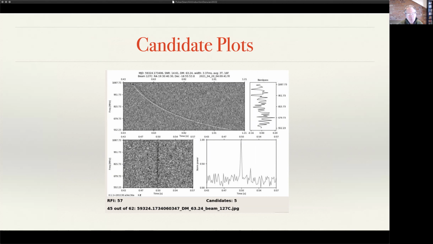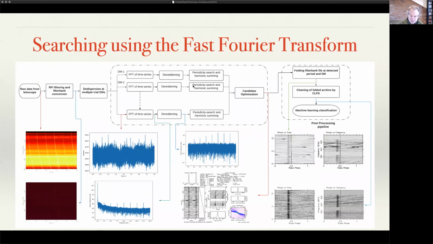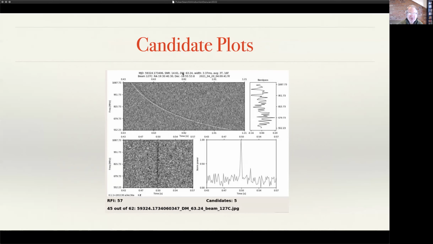The white line here shows the delay that we expect this pulse to have as a function of time, if it has this dispersion measure. So each of these frequencies is delayed. And you can hopefully just see some black dots just to the right of this, and that corresponds to the sweep of the pulse in the data.